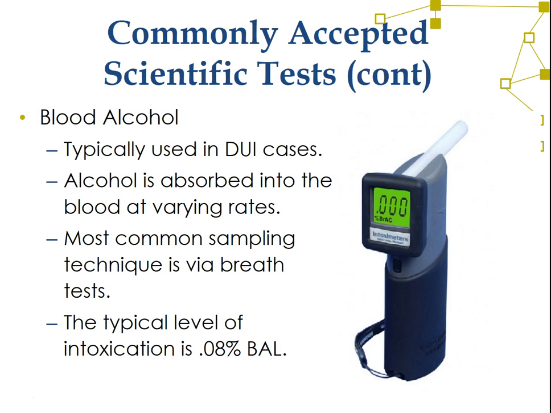So one test that's typically used would be what you see in front of you. This is kind of like a PAS device. The most common test for alcohol is done with breath samples. Blood alcohol tests are also common, and they also have urine tests.